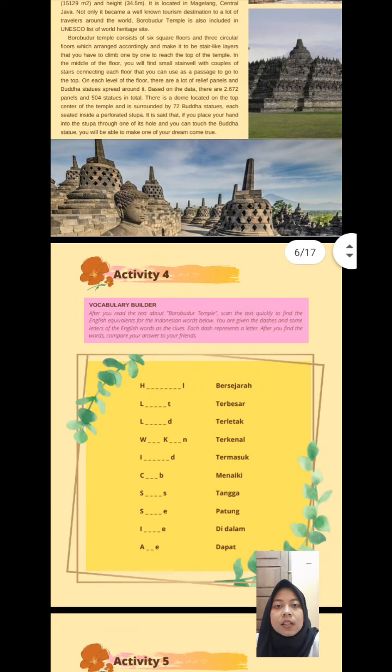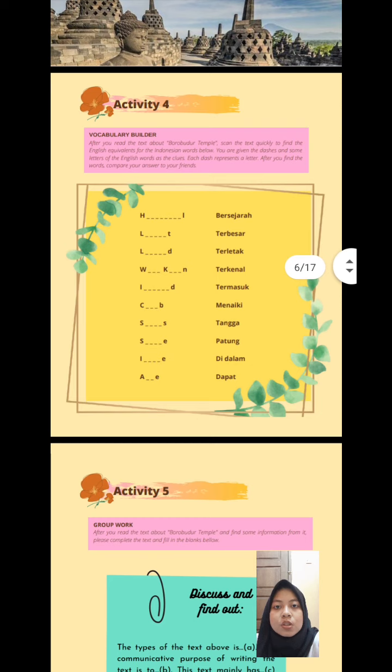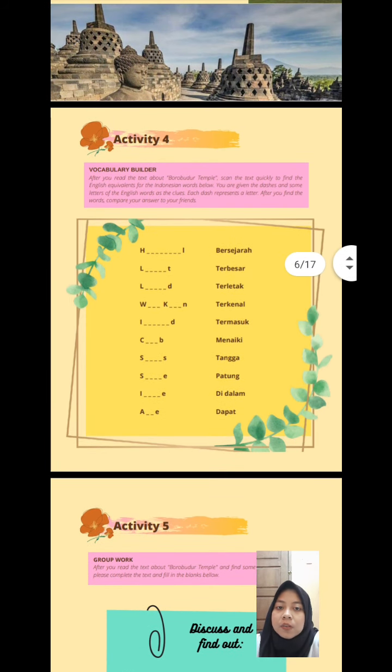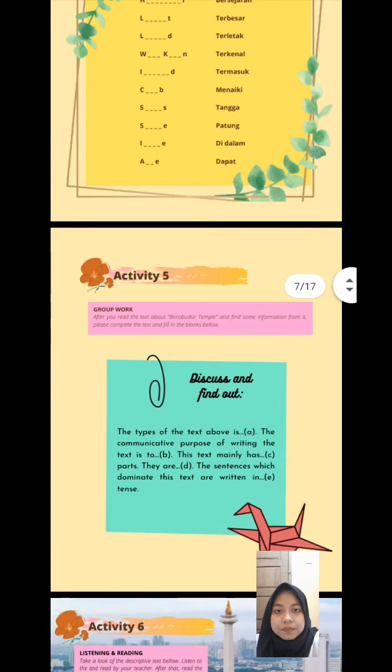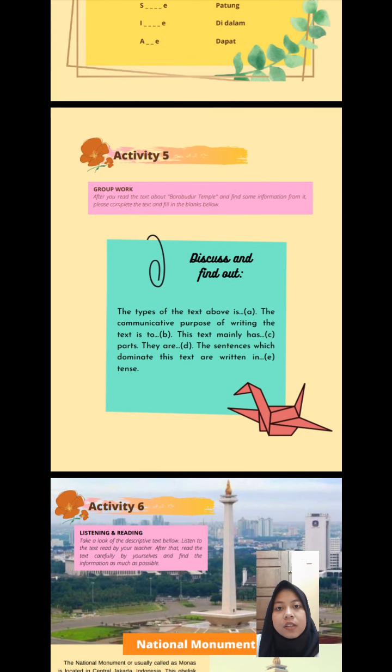After students read this text, students should do activity 4. It is a vocabulary builder. It will increase their vocabulary, and students should complete the vocabulary here based on the Borobudur text. And then after that, activity 5.